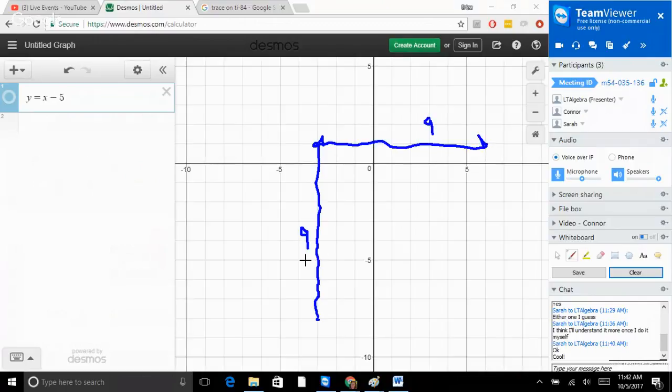That means my slope is 9 over 9 or 1. So I've filled in my 1 right here in front of x. And then if I look at the y-intercept, I rise 1, run 1, rise 1, run 1, rise 1, run 1. So my y-intercept is right here at -5.